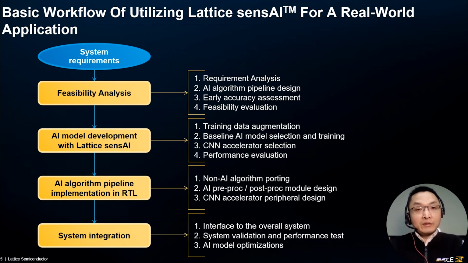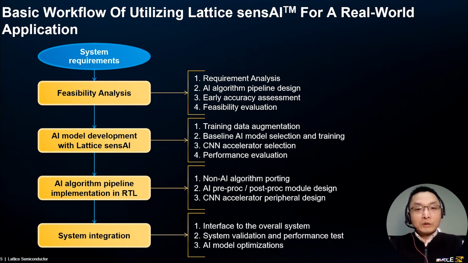If the answer is yes, then we will go with some other feasibility evaluations, such as the interfaces, the power consumption, and so on. After the feasibility analysis is done, we will review it with system engineers and then get their confirmations.